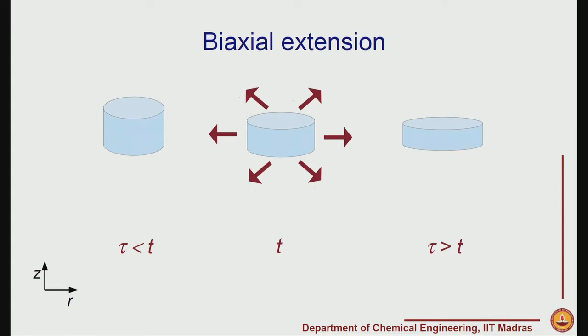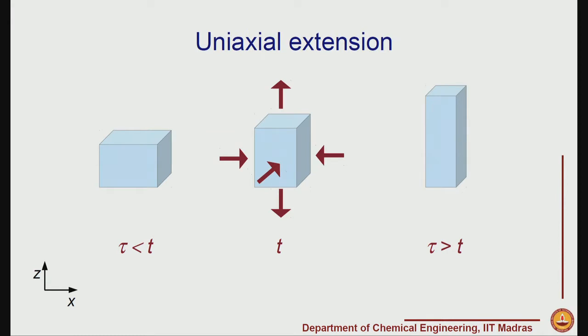So, here what we can do is extensional flow can be achieved using a rotational rheometer, which is, as I said, quite common. Otherwise, to do extension in general is a far more difficult exercise. So, to achieve extensional flows is more difficult, and one aspect of that we will see is to achieve a constant rate of extension here.